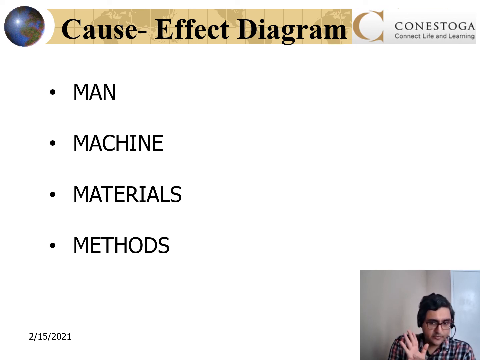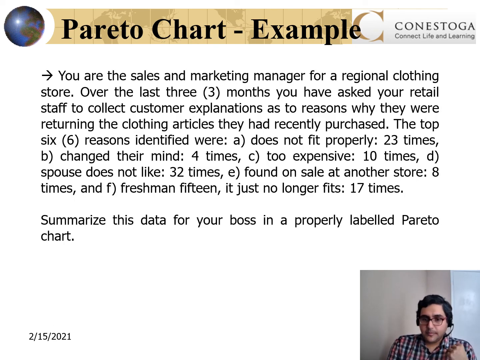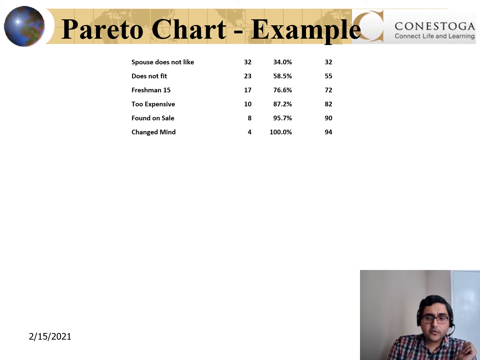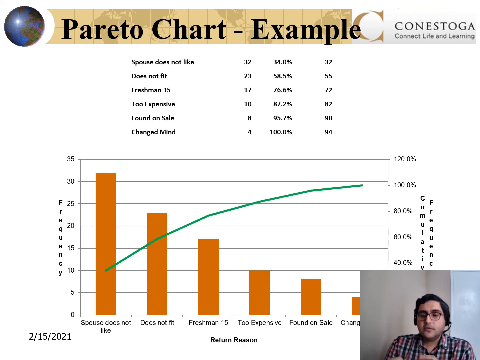I will do an example for you, so you will get a sense of how to do cause effect diagrams. And the last thing is the Pareto chart, which involves mapping things in a particular way, and that also we will be doing in our class. So these three TQM tools we are studying in this course.